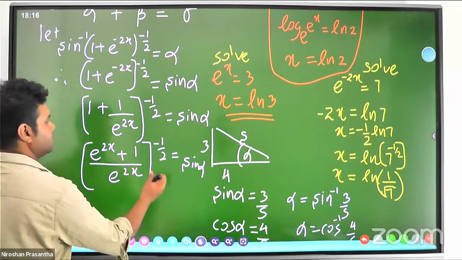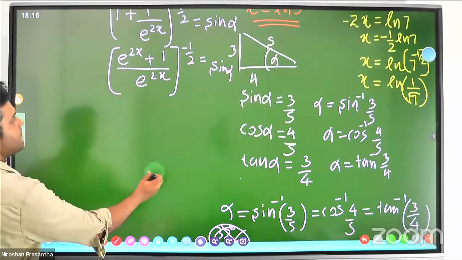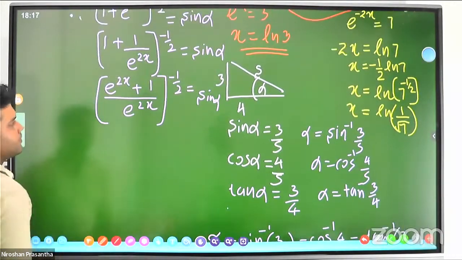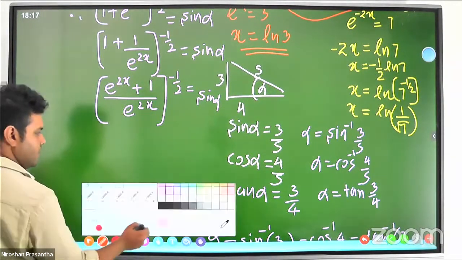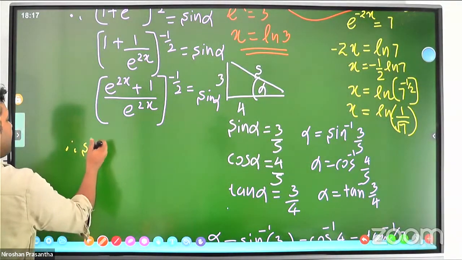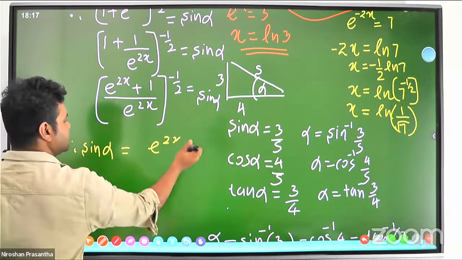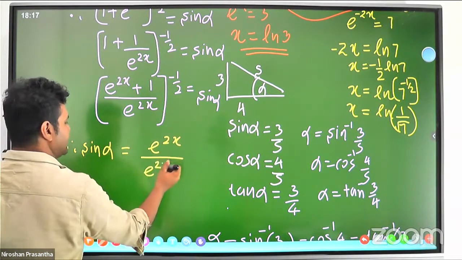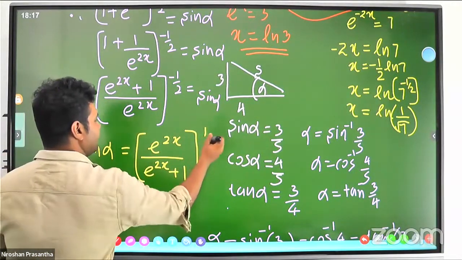Now what's happening? Now you can write the reciprocal. Therefore, sine alpha equals (e to the power 2x over e to the power 2x plus 1) to the power half.